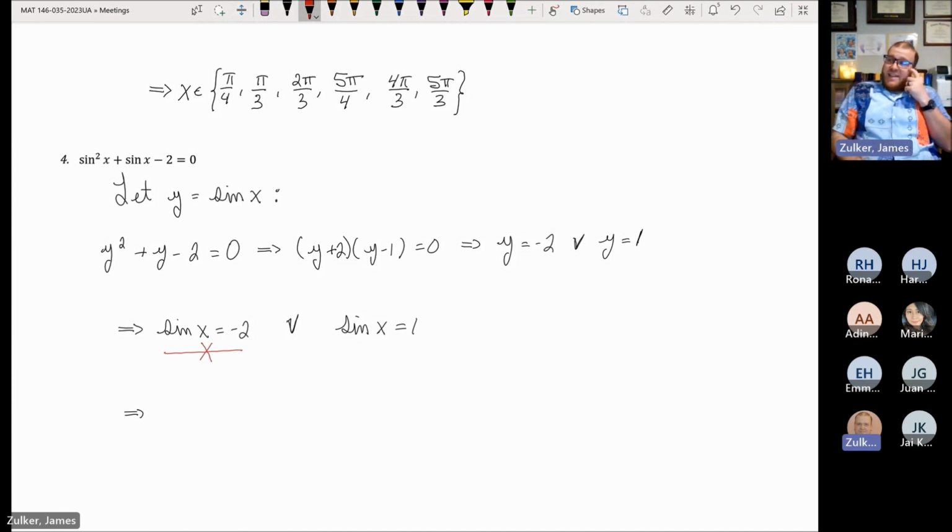That's a contradiction. Sine cannot equal negative 2. So that first equation has no solution, so we can just ignore it.